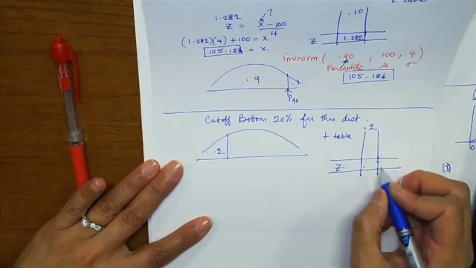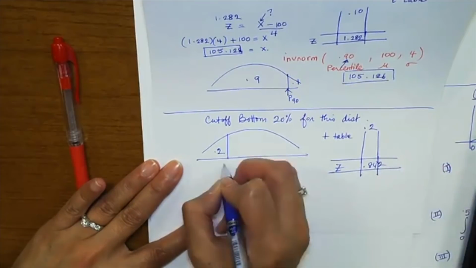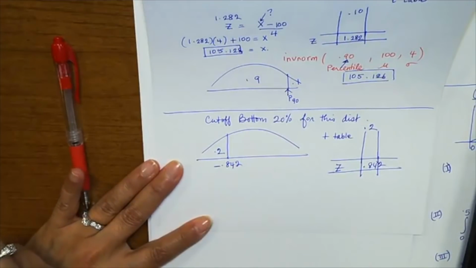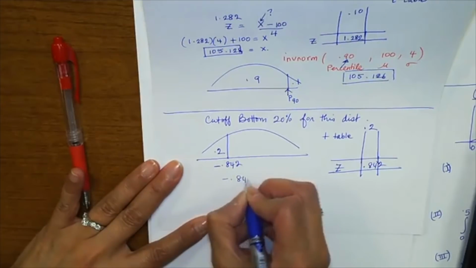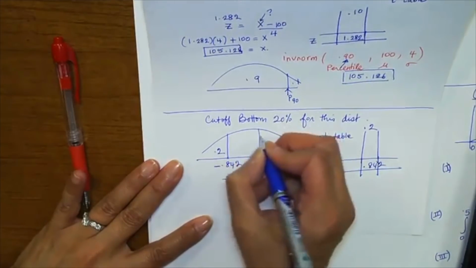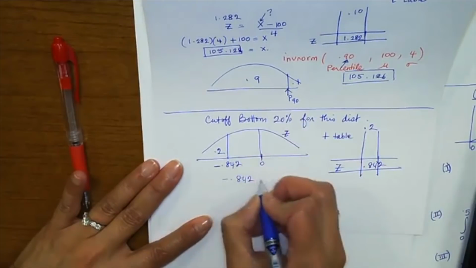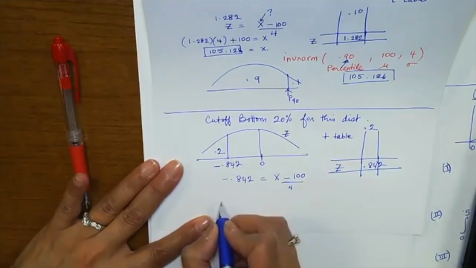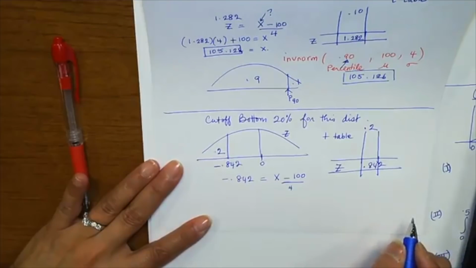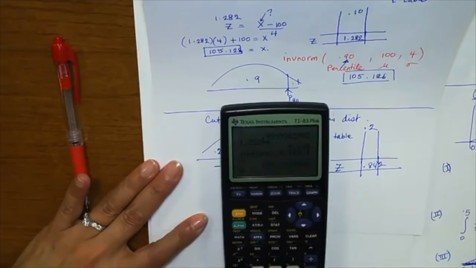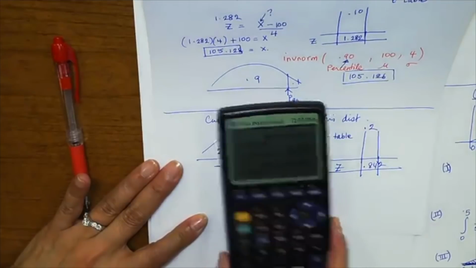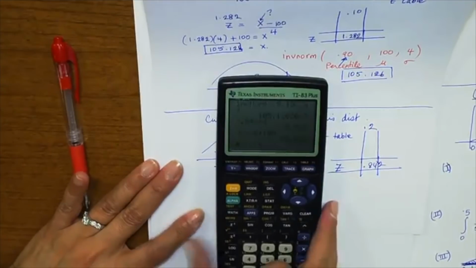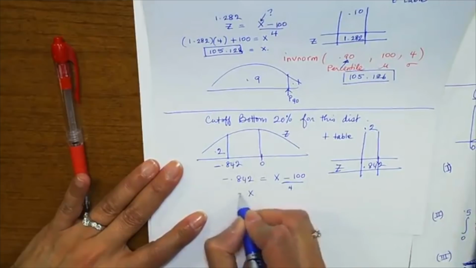Can you look it up for me, please? 0.842. My point being, this better be minus 0.842, because it's to the left of 0 under Z. Z equals X minus mu over sigma. Cross multiply and solve. So minus 0.842 times 4 plus 100 gives 96.632.